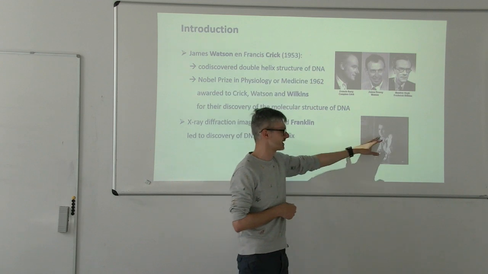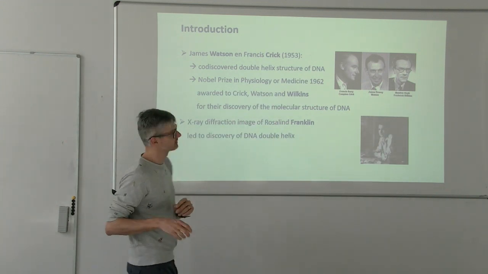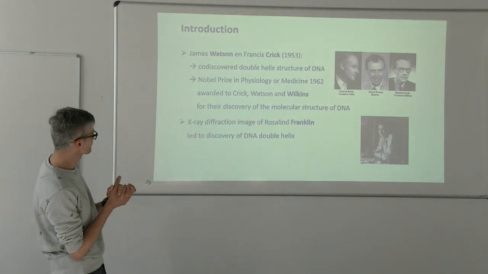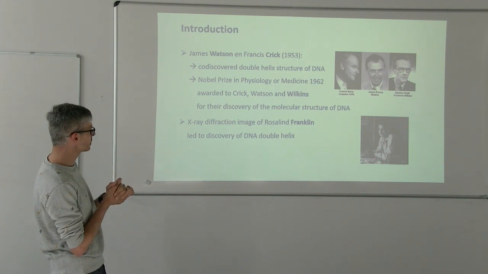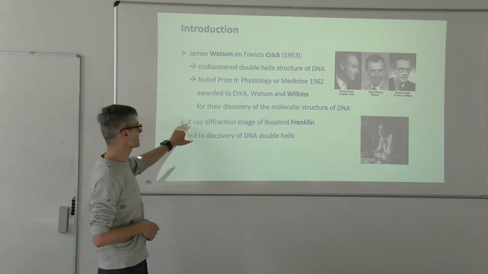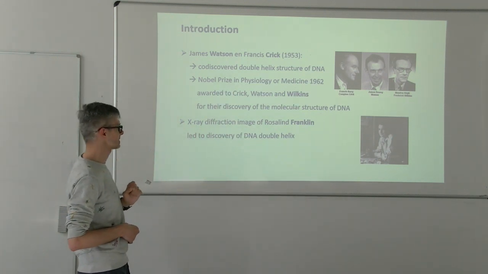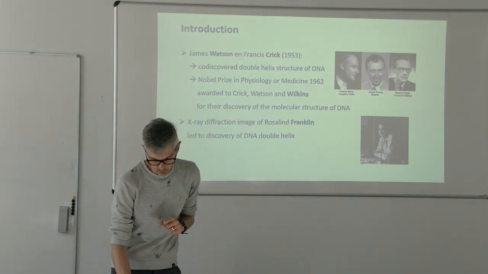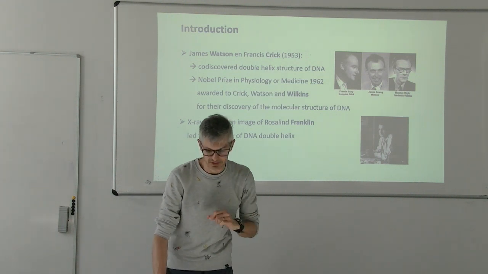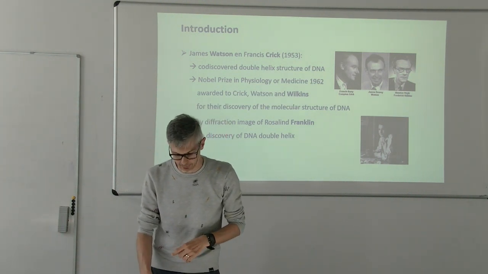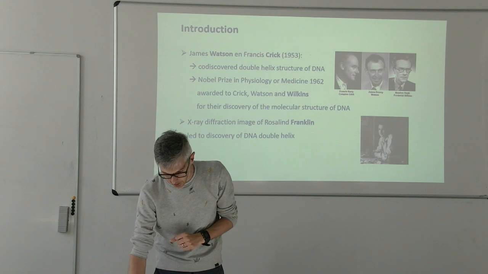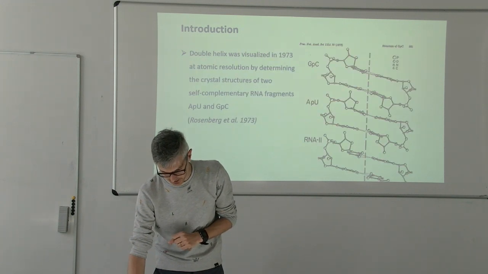Rosalind Franklin, shown here, actually did not really get credit for that. She took the X-ray diffraction image that led to the discovery of the helical structure. So Rosalind Franklin, but Watson, Crick and Wilkins got the Nobel Prize for the typical double helical structure of DNA.